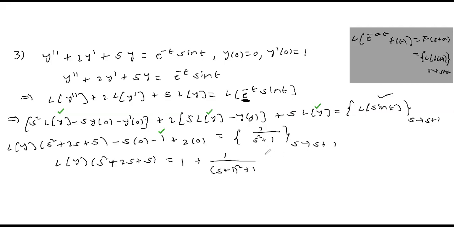Is that okay? Now what is the simplification of this? 1 plus 1 by s square plus 2s plus 2. So when I take LCM and simplify, s square plus 2s plus 2 plus 1 is 3 by s square plus 2s plus 2. Am I right?